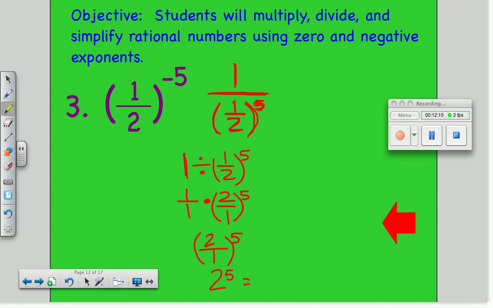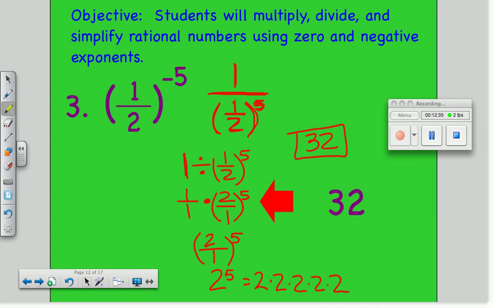Now, this is 2 times 2 times 2 times 2 times 2. 2 times 2 is 4. 4 times 2 is 8. 8 times 2 is 16. And 16 times 2 is 32. So 1 over 2 to the power of negative 5 has a value of 32.